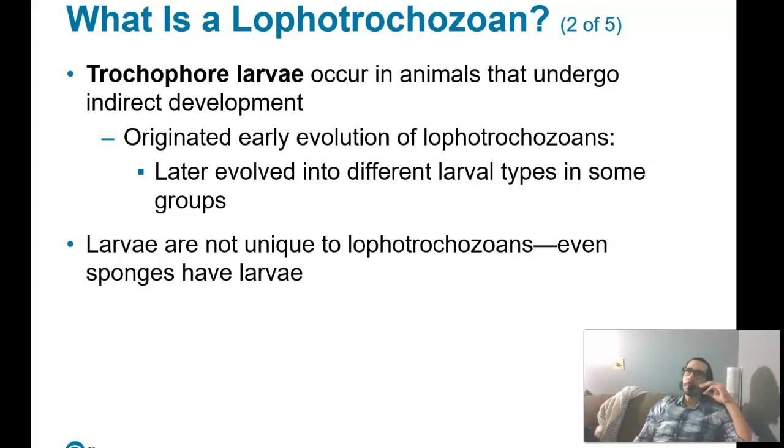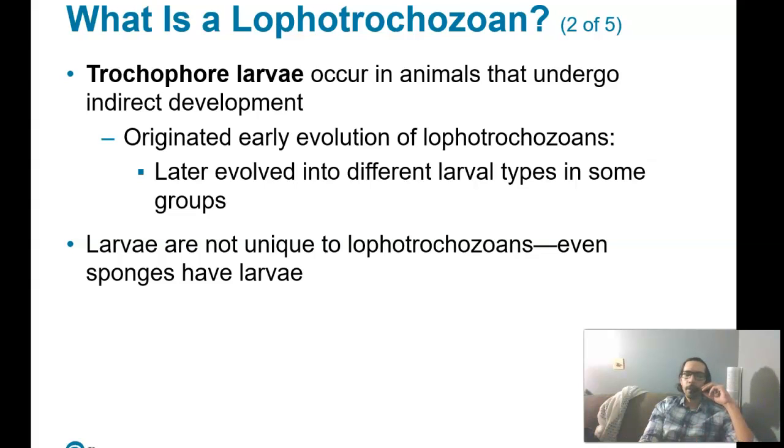So it doesn't have to undergo any kind of transformation. When an animal has indirect development, what you get out of the egg is a larval form that looks completely different than the adult. And it has to undergo metamorphosis to make the changes, and then it'll look like the adult. Okay.